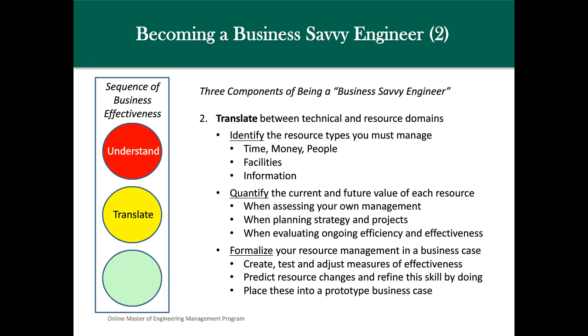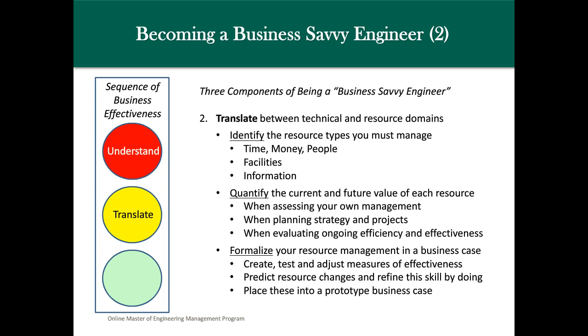For example, you have a small project, you can predict changes in efficiency, effectiveness, cost, and as you do more of it, you'll get better at it, and your confidence will grow, and then placing them into a prototype business case. And by that, what I mean is basically if you can mentally use the image of a benefit cost analysis. Let's say you're doing an improvement project, and if you aren't required to use a business case, create your own and learn what's effective and learn by doing.